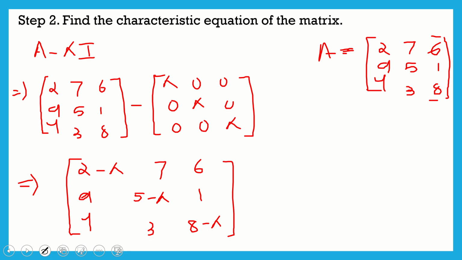Okay, this is the matrix, or you can say this is the matrix B. As per the notation I have provided to you, we are considering this as matrix B. Okay, so now what we should do: A minus lambda I is equal to 0.